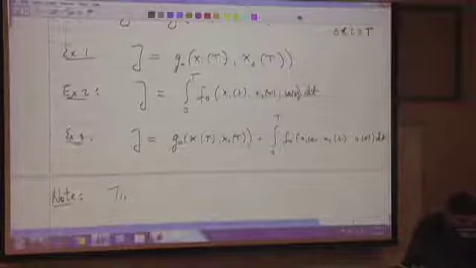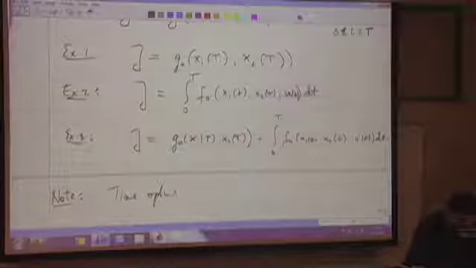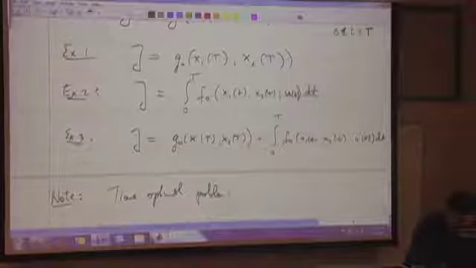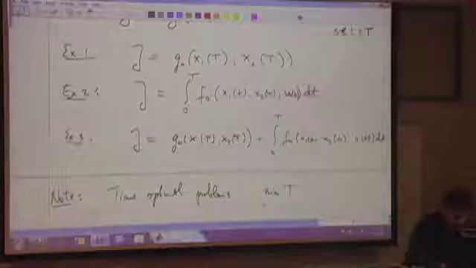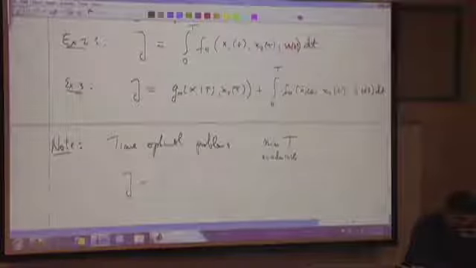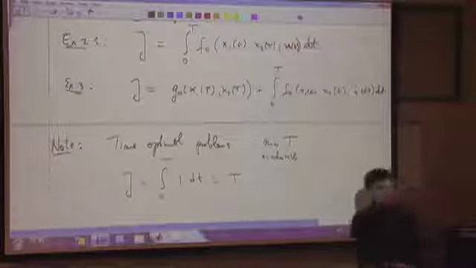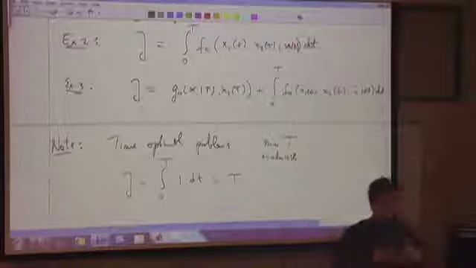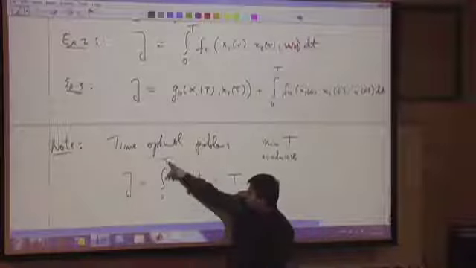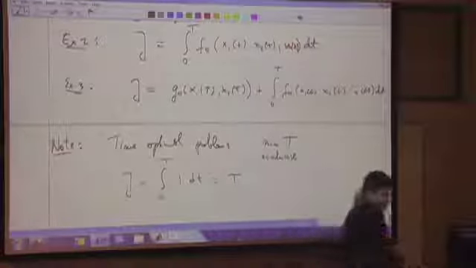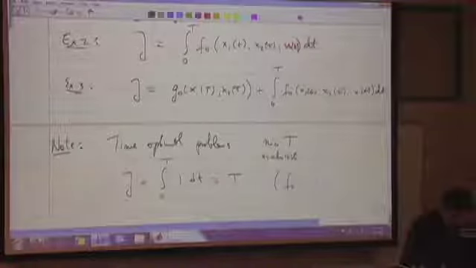So time optimal problems, which minimize time over admissible controls, is when you can write the capital time T as the integral of 1 over the span of the dynamics. So the integral from 0 to T of 1 dt. In other words, it's like example 2 where f naught is the function 1.